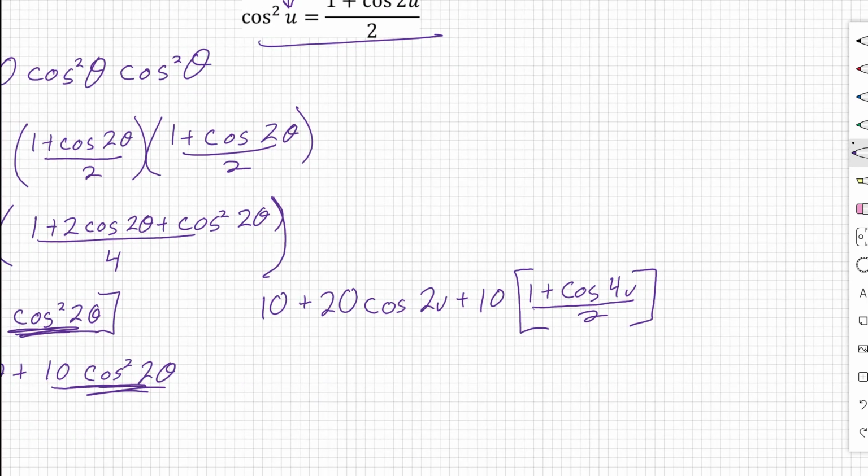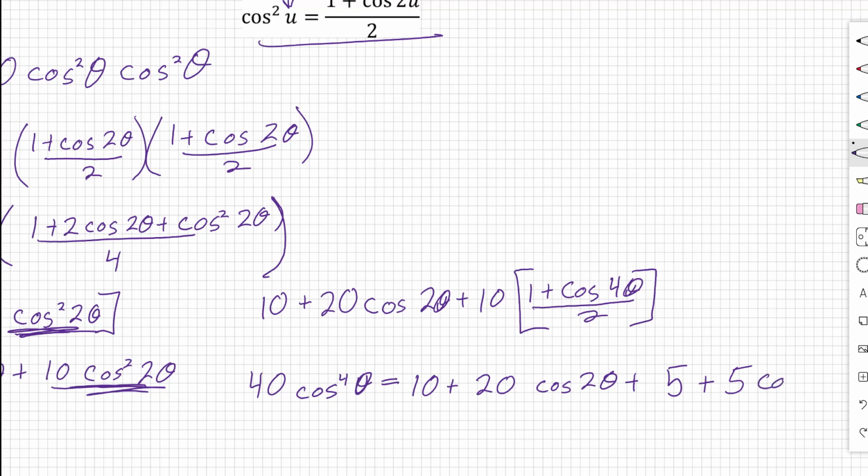So our final answer is that 40 cosine to the 4th of u, or sorry, of theta, is 10 plus 20 cosine 2 theta plus 5 plus 5 cosine 4 theta.